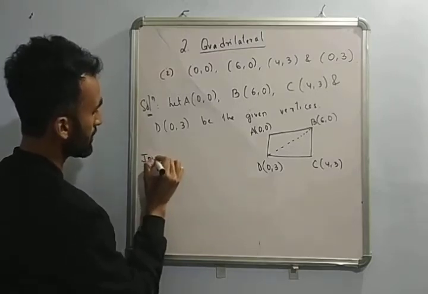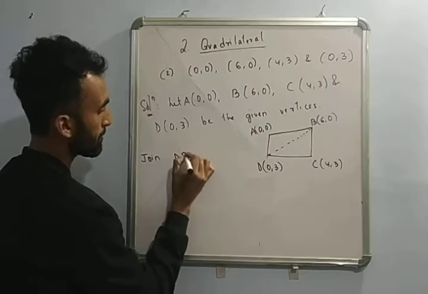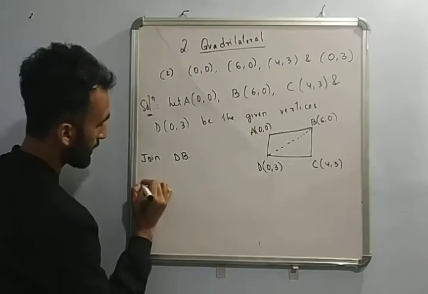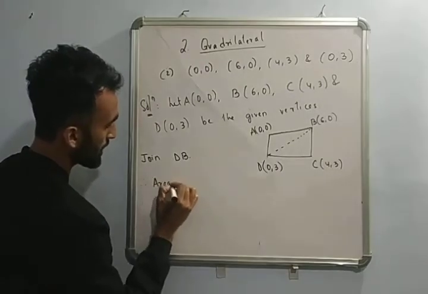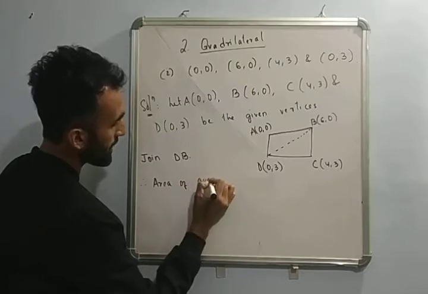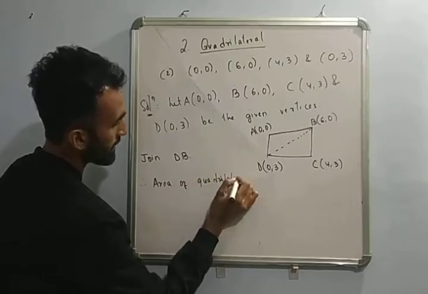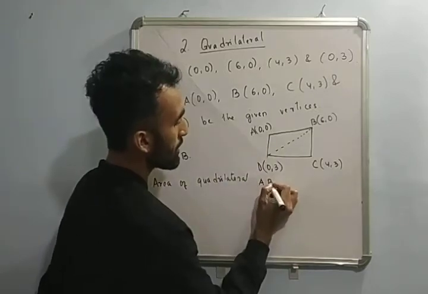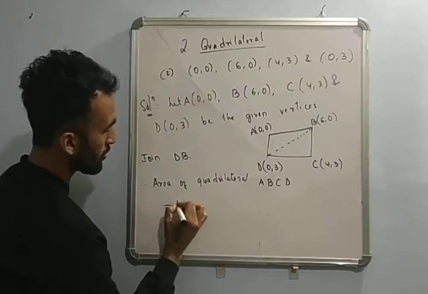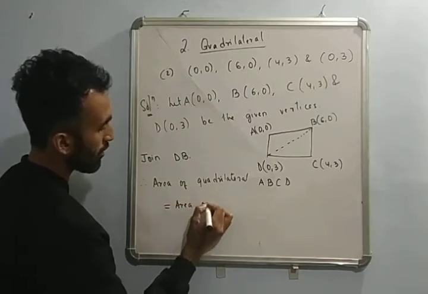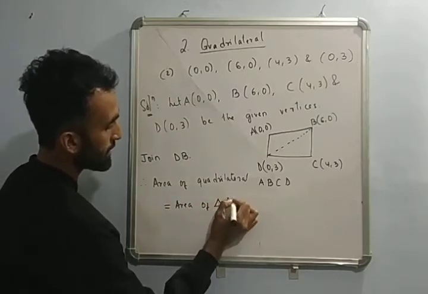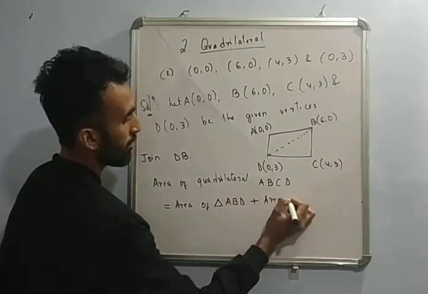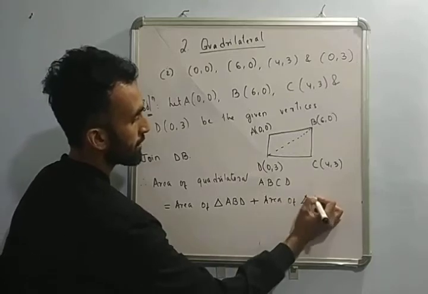Join DB. Okay, or you can join AC also. It's up to you. Join DB. Therefore, area of quadrilateral ABCD is equal to area of triangle ABD plus area of triangle BCD.